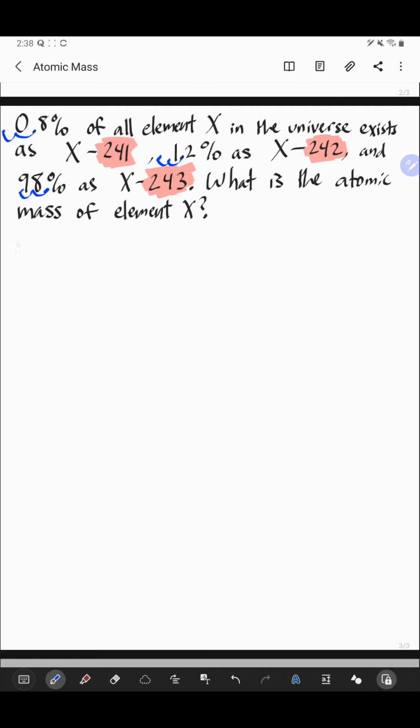All right, so we are going to start plugging these in. We're going to do the mass number first. So 241 times its respective frequency or relative abundance.